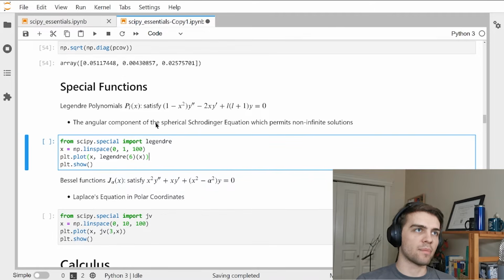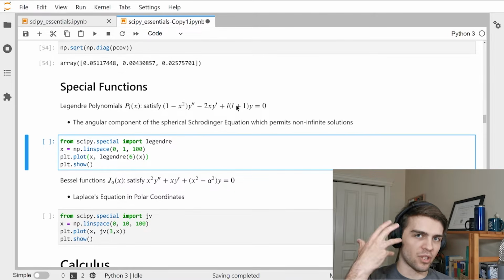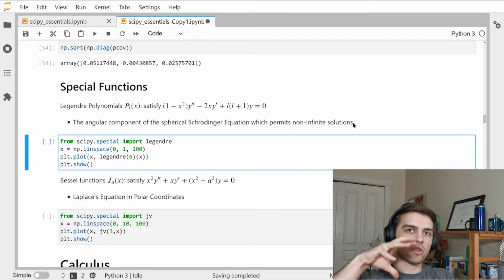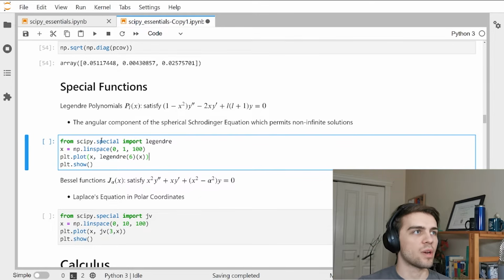So this is the angular component of this spherical Schrodinger equation. And L here is an integer. And I was always sort of confused why L was an integer. And the reason for that is because of non-infinite solutions. So these are normalizable wave functions for the hydrogen atom. So anyways, it's really simple. I just import Legendre. Here I just make some x values.